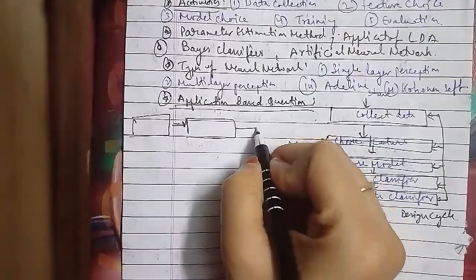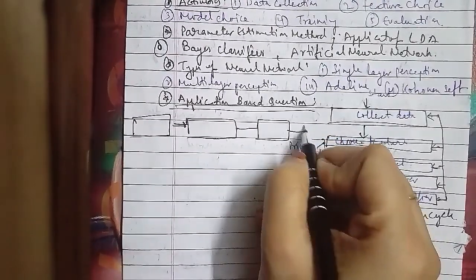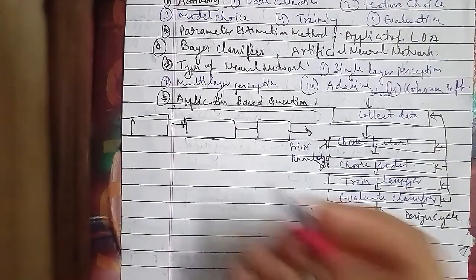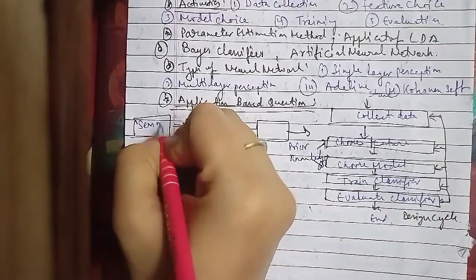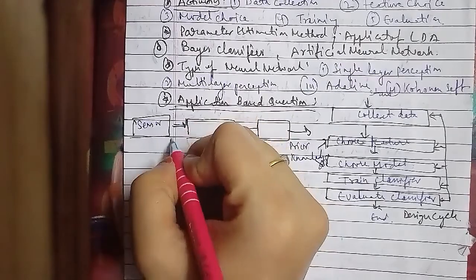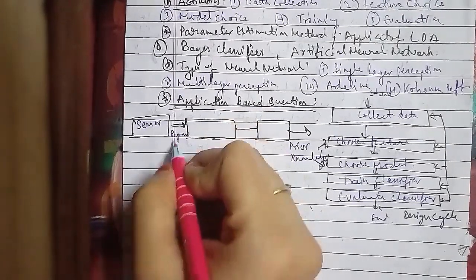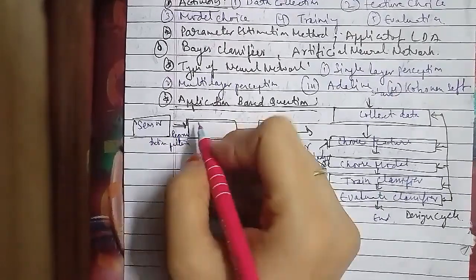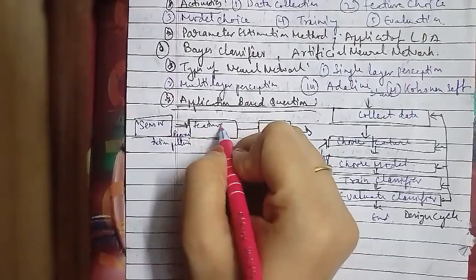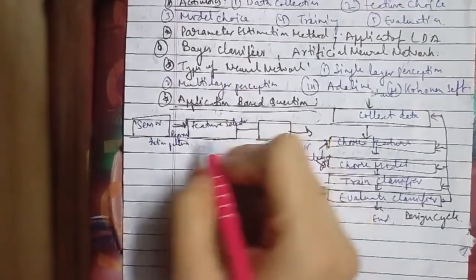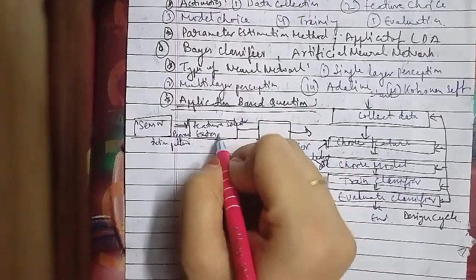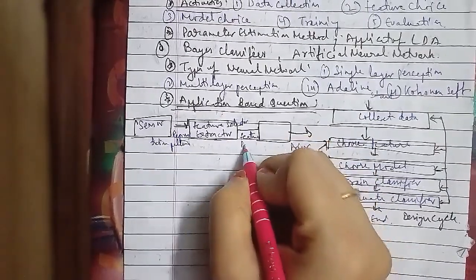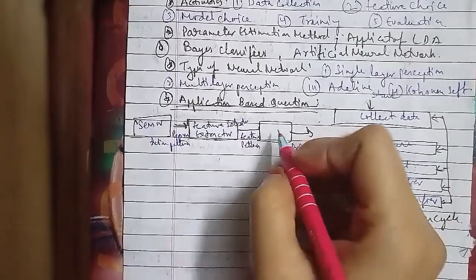For the naming: this is the sensor, this is the representation pattern, this is the feature selector and extractor, this is the feature pattern, this is the classifier, this is the decision, and this is a pattern classifier.